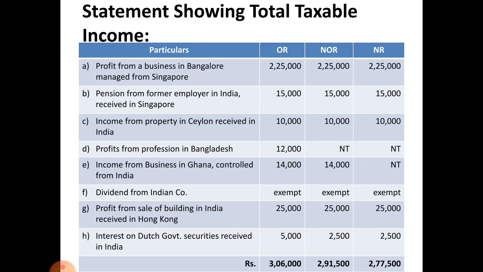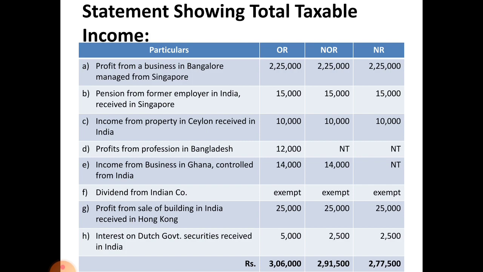Here, income accrued in India because the building is situated in India. All three categories taxable. Next one, interest on Dutch government security received in India, that is half of which is received in India. You have to remember that point, that is very important.